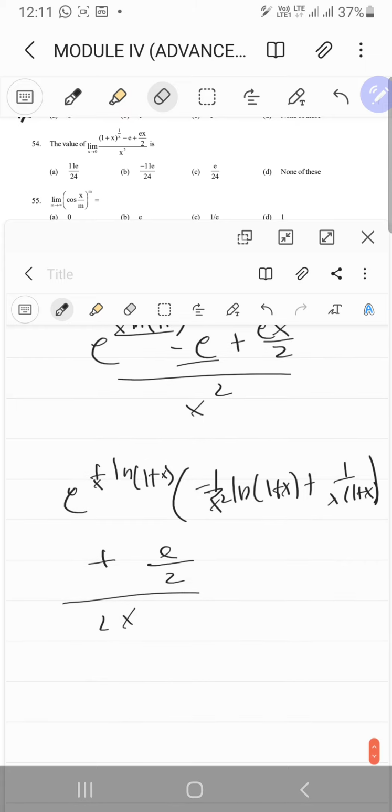Still, it's a 0 by 0 situation, isn't it? Yes. As x approaches 0 of this thing, this is just weird. Okay, 1 upon x squared natural log of 1 plus x. I don't know how it's supposed to work.